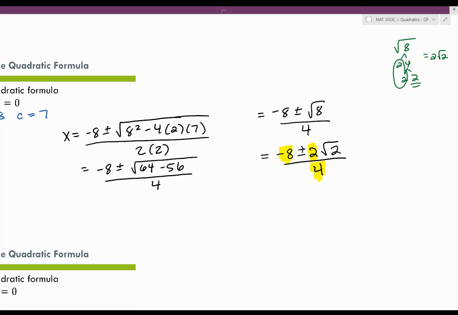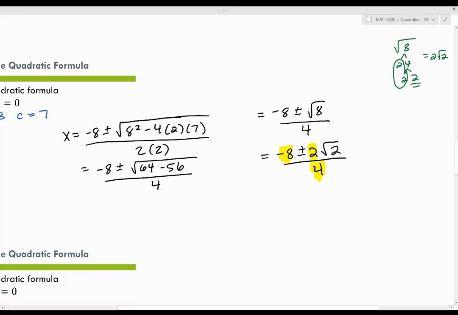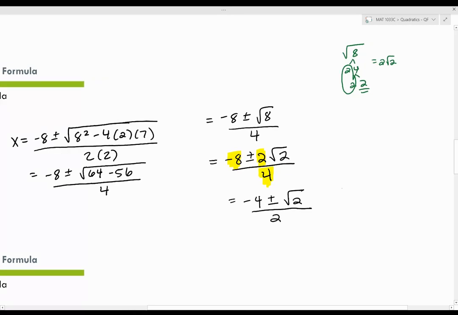So I need to simplify them. That's going to give me negative 4 plus or minus the square root of 2, all over 2. Remember, that's two different answers here. One answer is negative 4 plus the square root of 2 over 2. And the other answer is negative 4 minus the square root of 2 over 2.